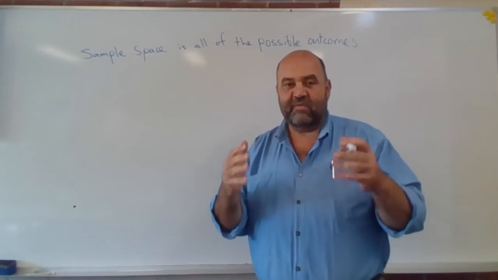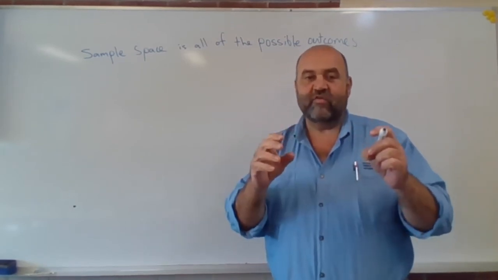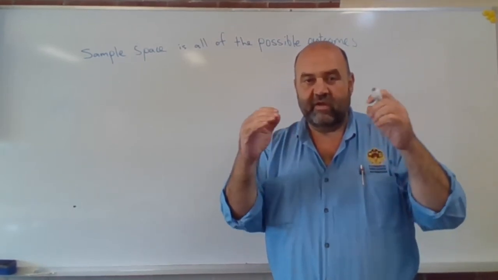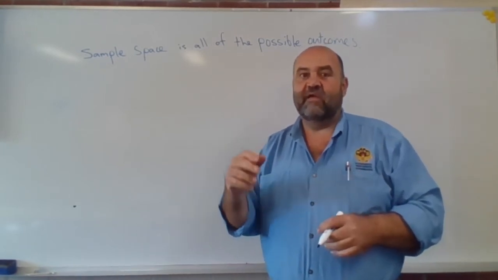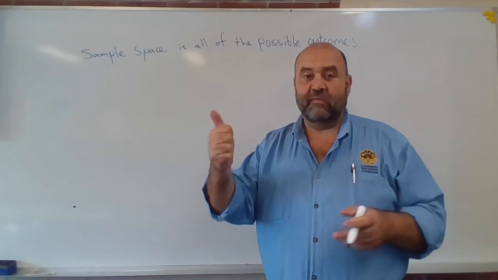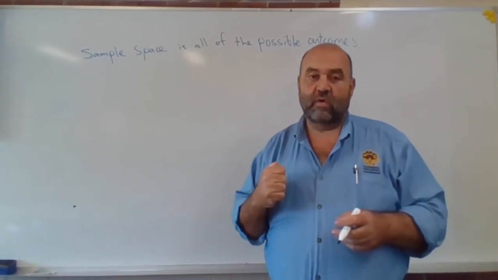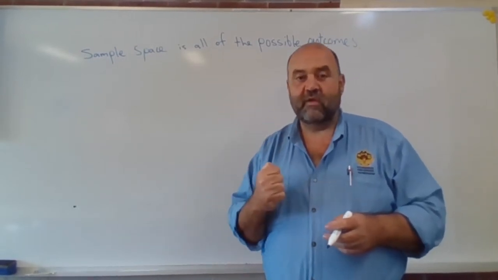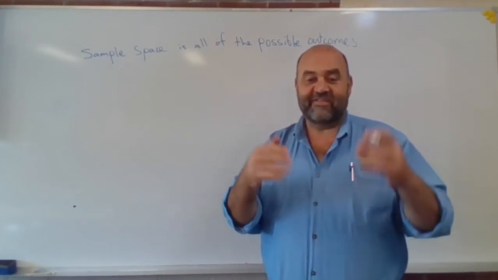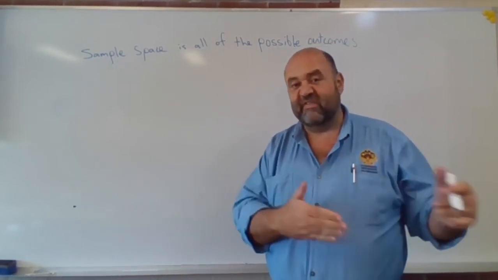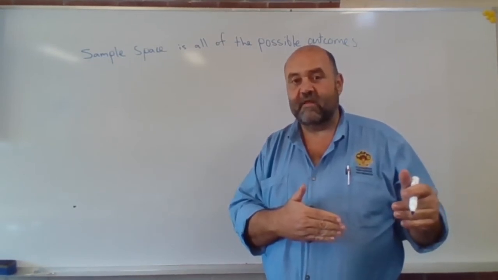So the sample space is a list where we enumerate all of the possible outcomes. If a woman's going to have 2 babies, she can have a boy and a boy, a girl and a boy, or a girl and a girl. That's the sample space, all of the possible outcomes that can happen.